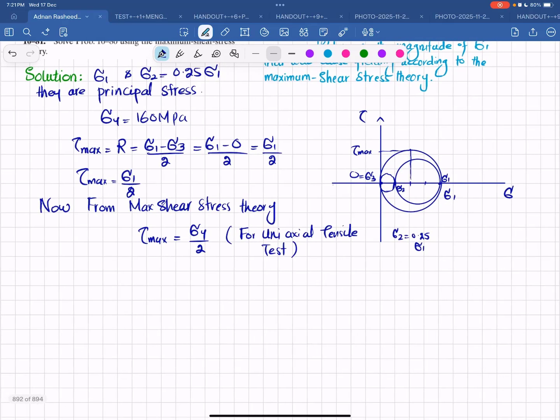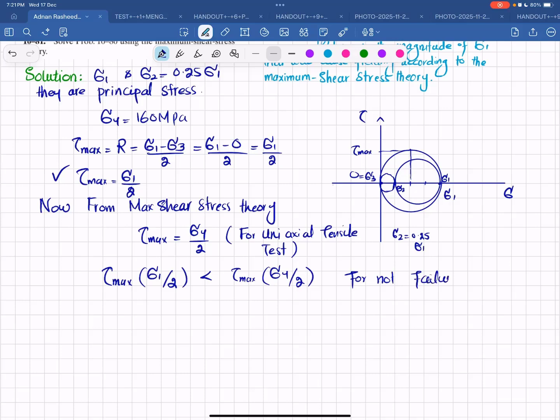And you can see that your maximum shear stress, this tau max, which is equal to sigma 1 by 2, will be less than tau max in the uniaxial tensile test, which is sigma y divided by 2. But this is the condition for not failure.